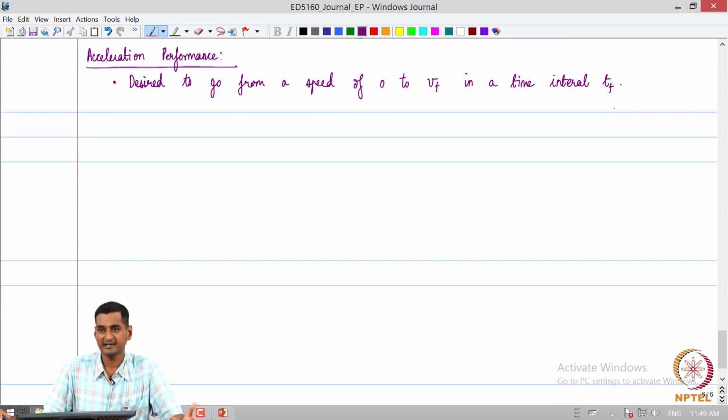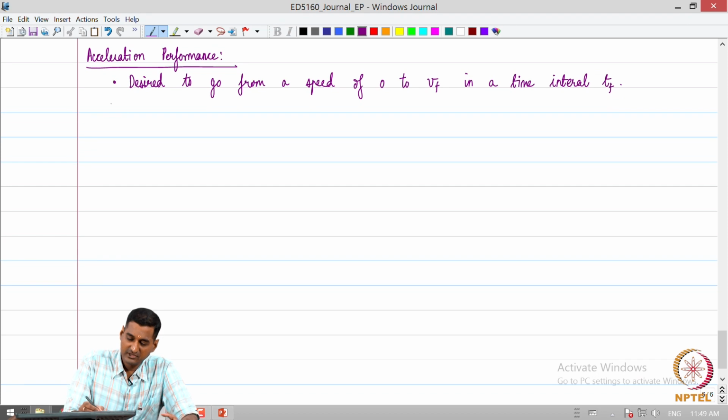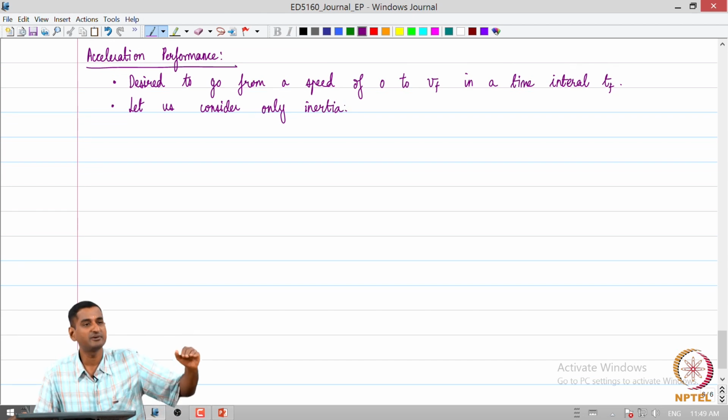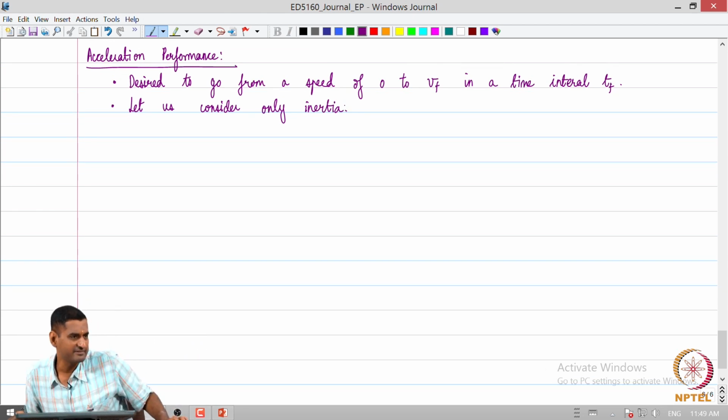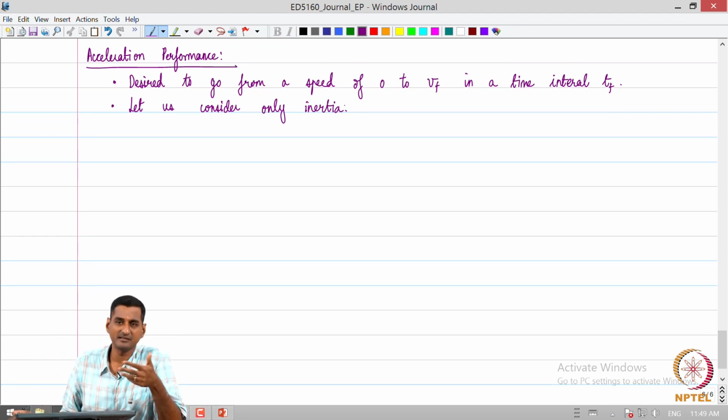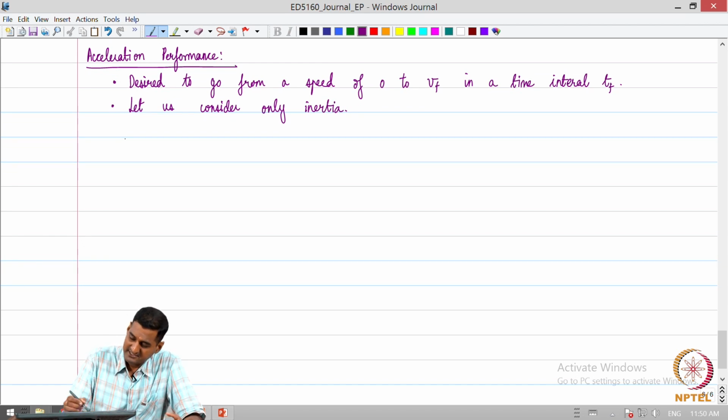For acceleration, let us consider only inertia for the time being. Of course, when we are accelerating on a flat road, inertia will be the dominant term, so that is why we are considering inertia. We will see what happens if we add the other terms like rolling resistance and aerodynamic drag shortly.